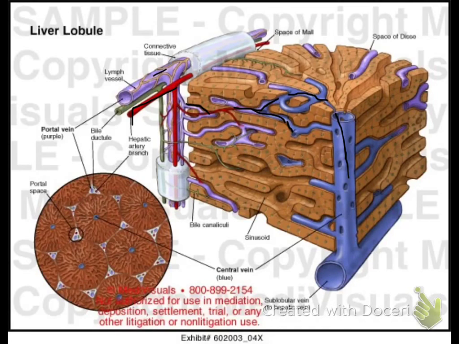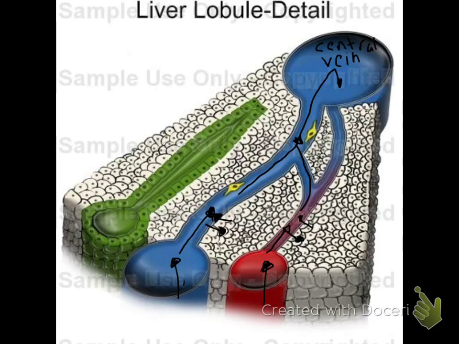The bile duct, in the opposite way, the bile will be formed in the hepatocyte, and after that it will be drained into the bile duct, okay, right and left bile duct, and it will go in the opposite way that the blood in the portal vein and the hepatic artery goes, okay?